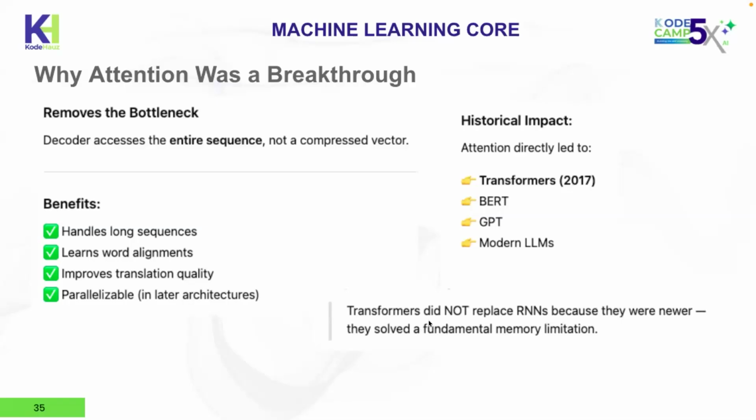But one thing we need to understand is that transformers did not replace recurrent neural networks, right? They only solved a fundamental memory limitation, which is the limitation of the context vector. So they opened up a new vista of applications, which we are seeing today.